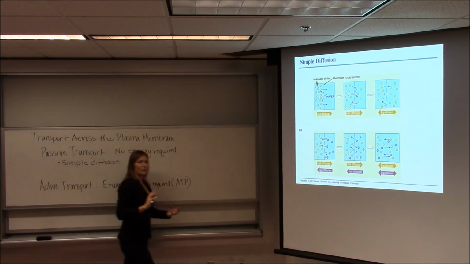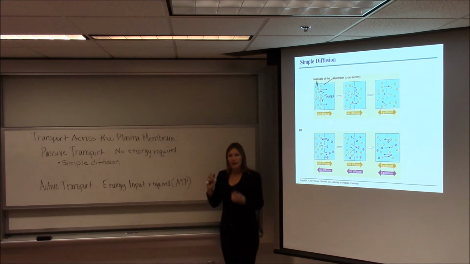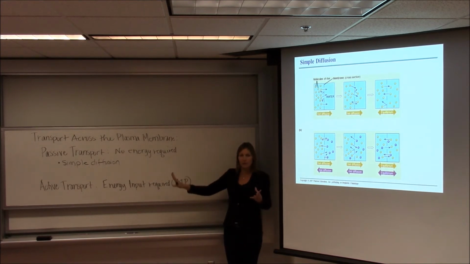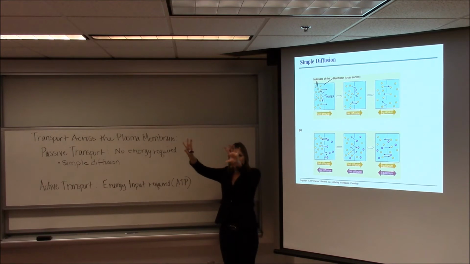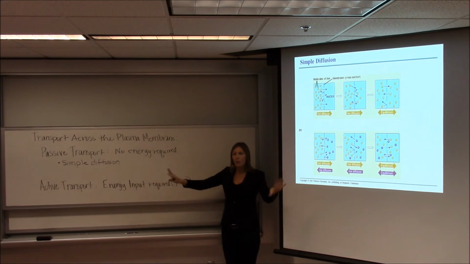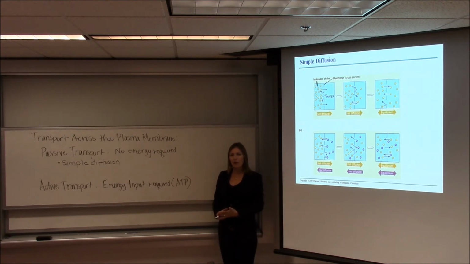If I stood in the corner of the room and I blew out cigarette smoke, and there was no other cigarette smoke already in this room, that cigarette smoke would slowly diffuse throughout the room. Those molecules would spread throughout the room without any energy required. It would just happen. It would happen because of what we call a concentration gradient.